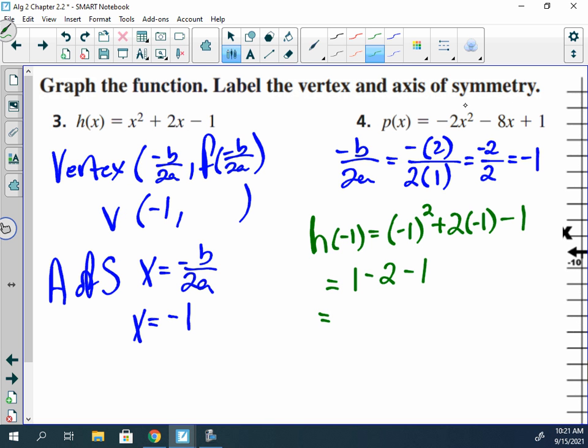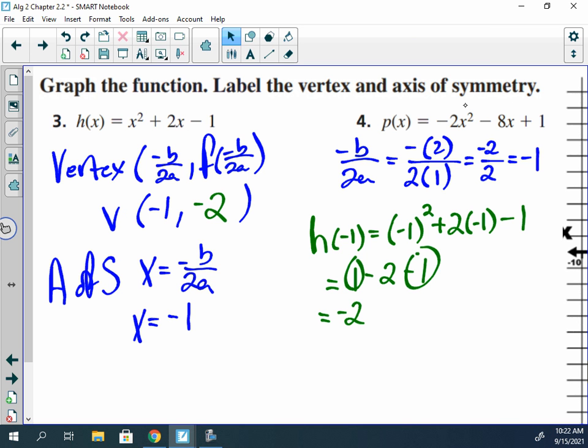And 1 minus 2 minus 1 is negative 2. Well, really, the 1 minus 1 is 0, so we're just left with negative 2. Or I can say 1 minus 2, which is negative 1, minus 1 is negative 2. And that's it. Questions on this here?